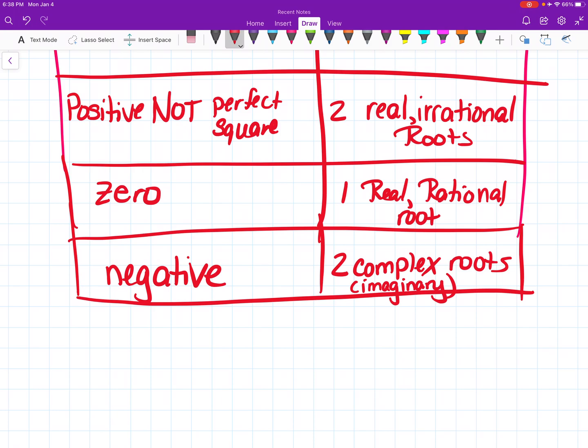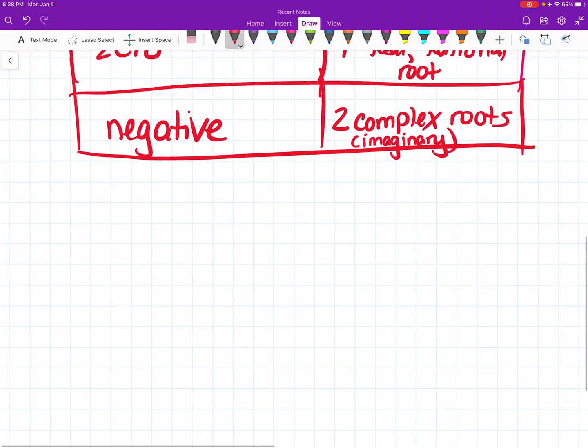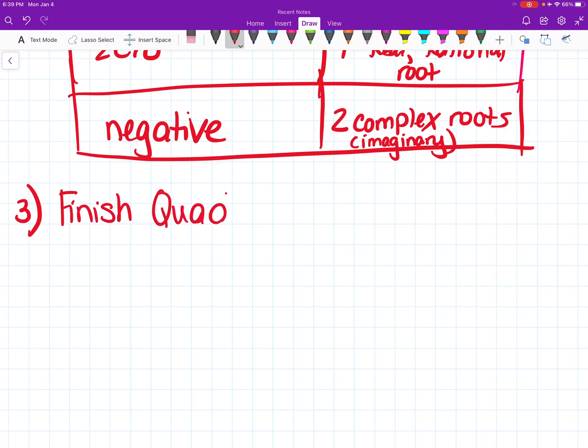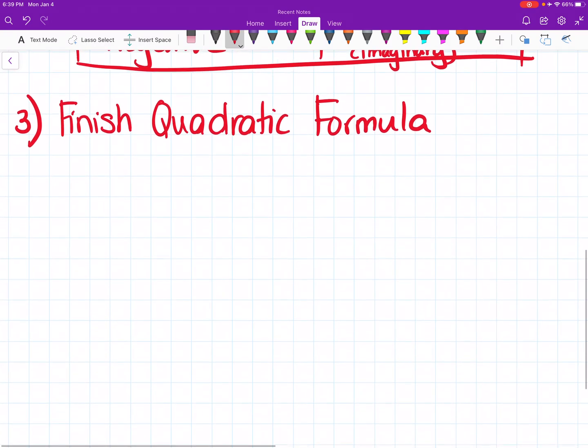All right? So once you define the type of root you're dealing with, the next thing you want to do is finish the quadratic formula. You don't have to memorize it. Now, if you have to take your SAT, some of you may or may not have to take it, you do need to memorize it for the SAT.